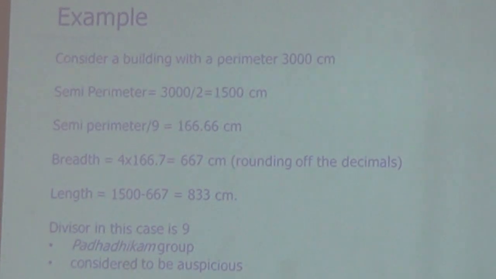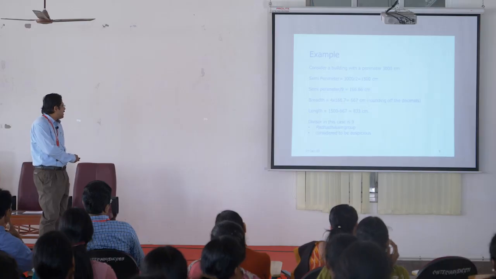Then as per Vastu Shastra, breadth is equal to 4 times 166.66 centimeters, that is 667 centimeters, rounding off the decimals, and length is equal to 1500 minus 667, which is equal to 833 centimeters. So the dimensions of the building are taken as 667 centimeters by 833 centimeters. Here the divisor is taken as 9, so you will see why it is taken.